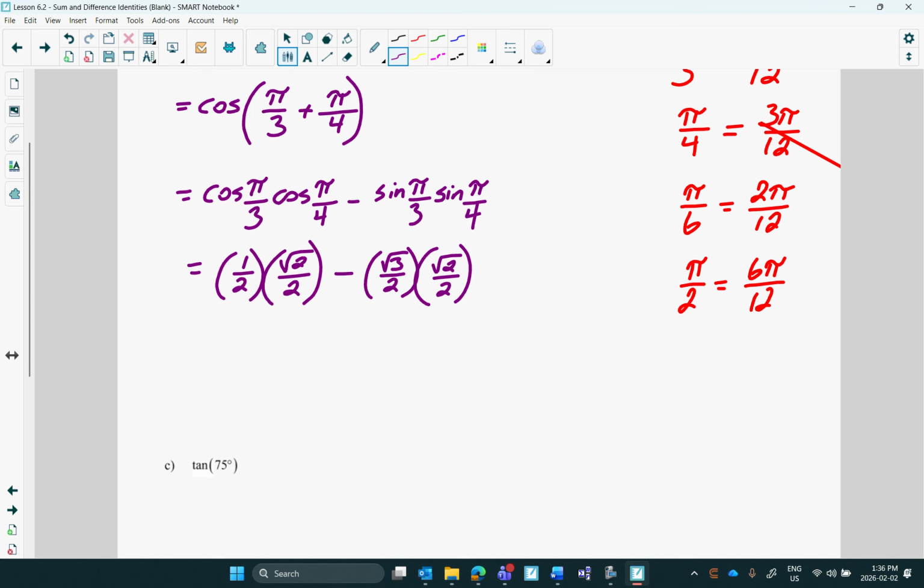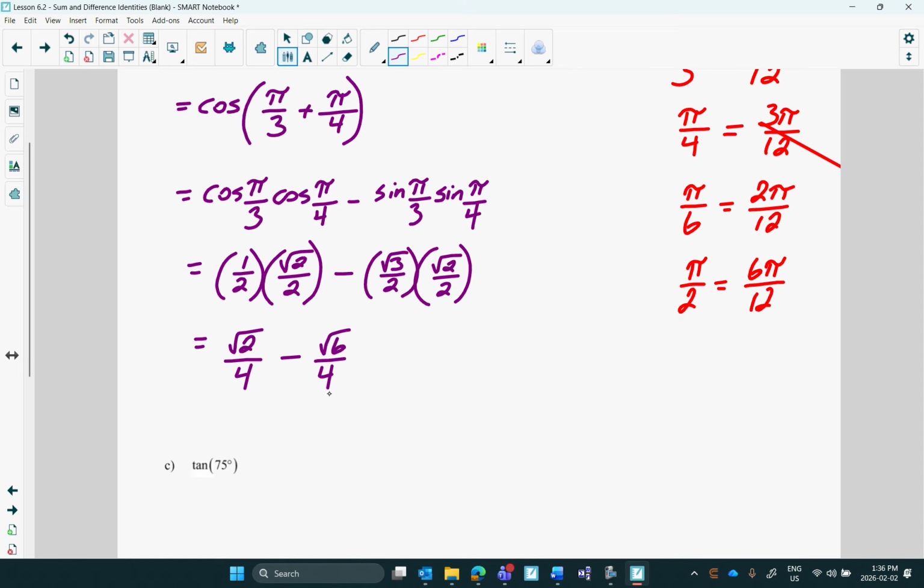Well, when I multiply these two together, what do I get? Root 2 over what? 4. Minus, what's root 3 times root 2? Root 6 over 4.